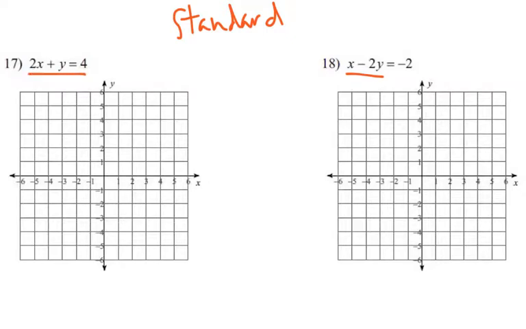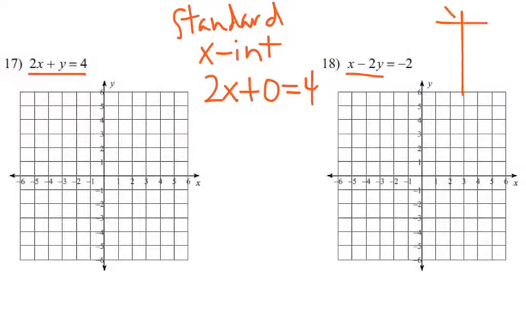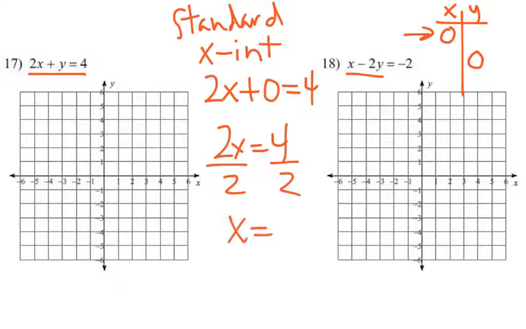We get our equation, and to find the x-intercept, I'm going to keep my x and make my y 0. It's almost like we're making a small table. And we're saying, what is y if x is 0? What is x if y is 0? So I plug in 0 for y first to figure out this first point, this x-intercept. So we get 2x equals 4, divide by 2, and x equals 2.